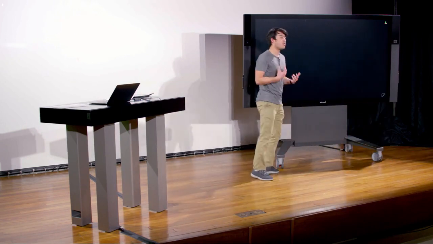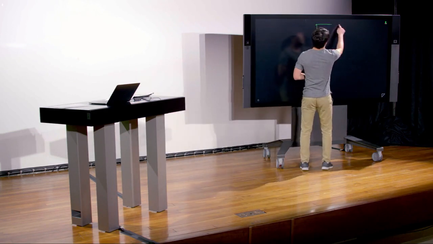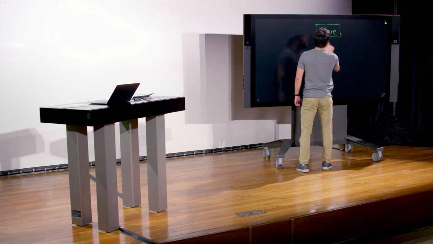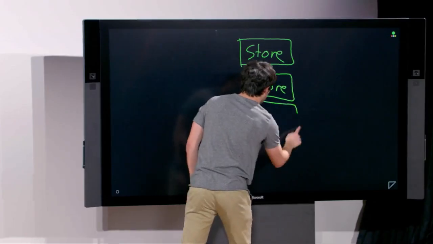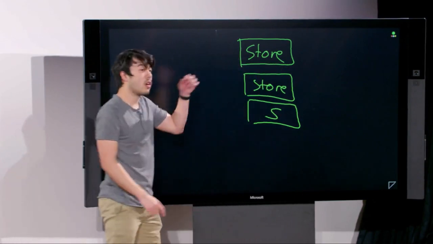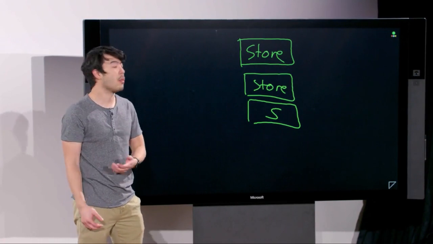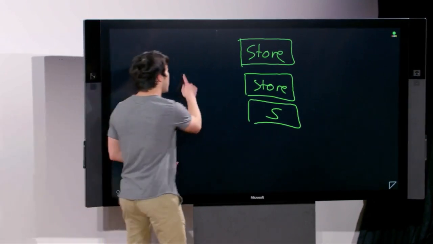So you have a central store that stores all of your information, or maybe some number of stores. And these stores will store all of the data that you need for that application. And how do you update that store? Well, it's through this thing called a dispatcher.